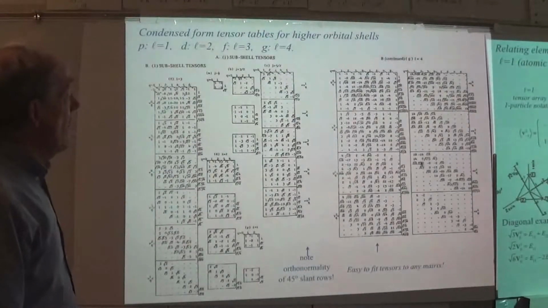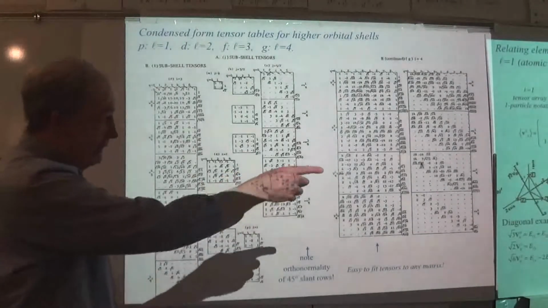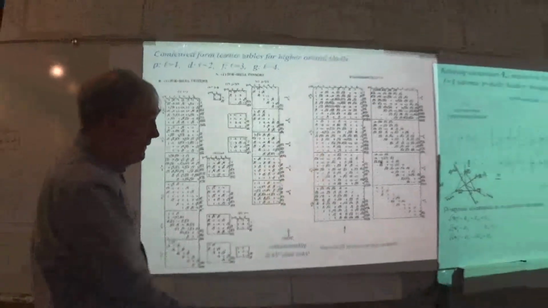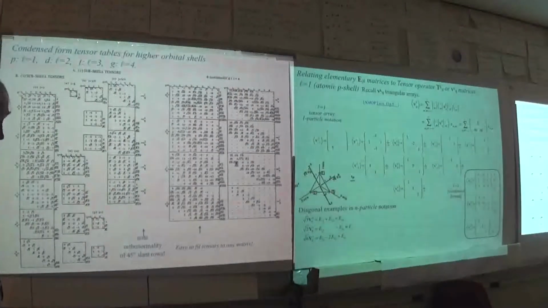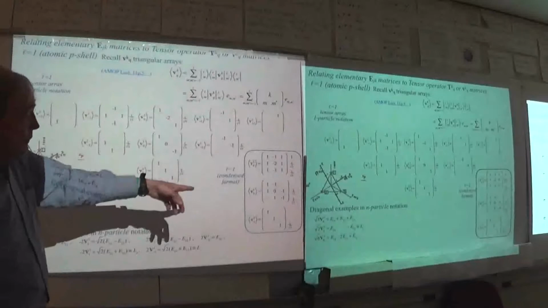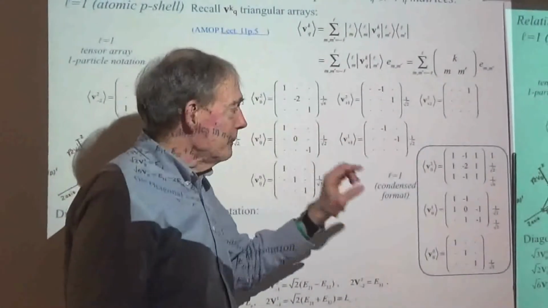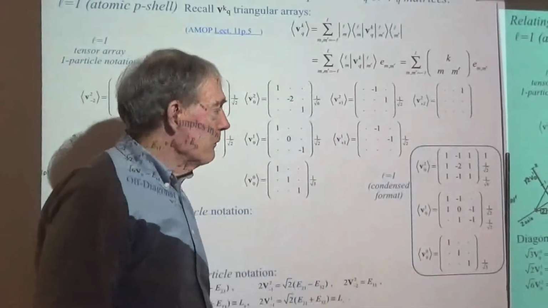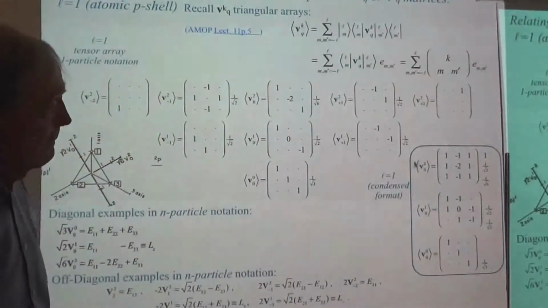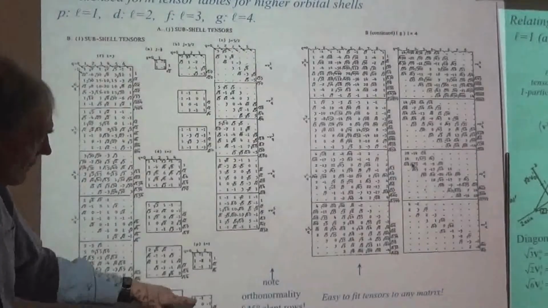Because you see, what you need to use this stuff is first that table right there that's at the very extreme right of the other screen, or at the extreme right of this one, okay? This is a condensed format, so we don't waste a lot of space putting zeros down on paper. And so that is this collection right here.